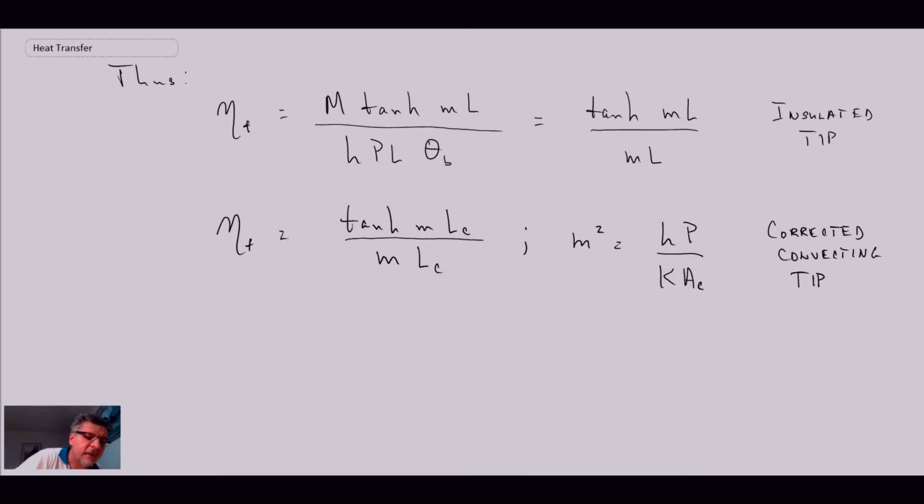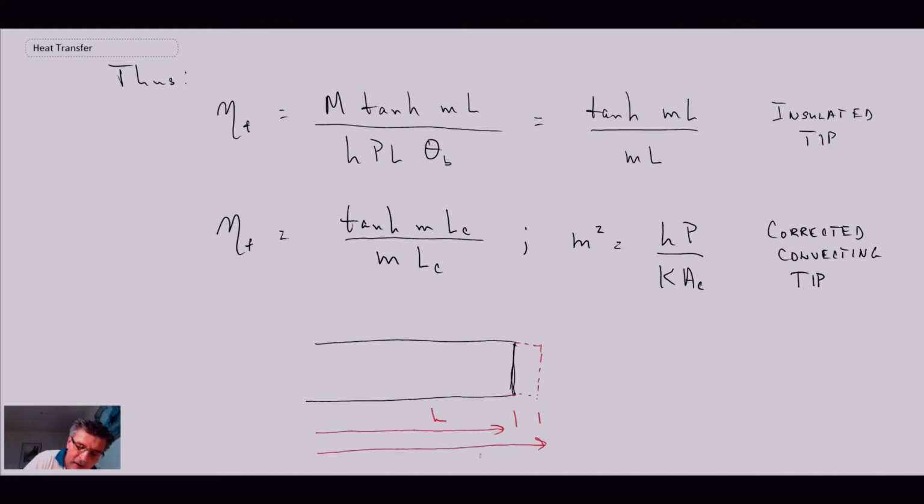Essentially what we're doing here, let's say we have a fin, and we are saying we're not going to have convection at the tip, but we're going to add this small length here, whatever the corrected amount is. So here we would have L, and then this is going to be L_c.